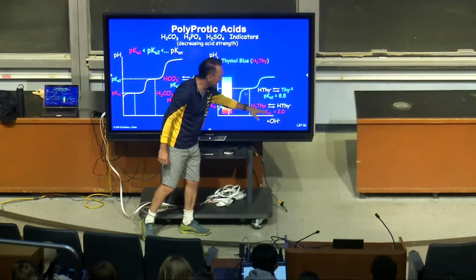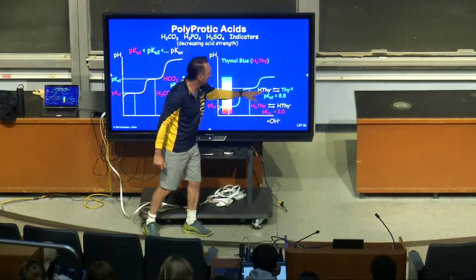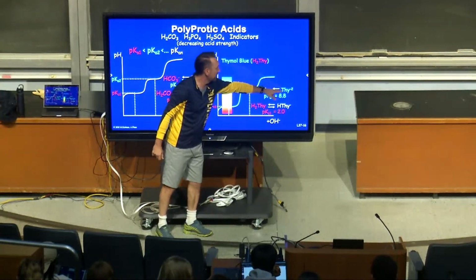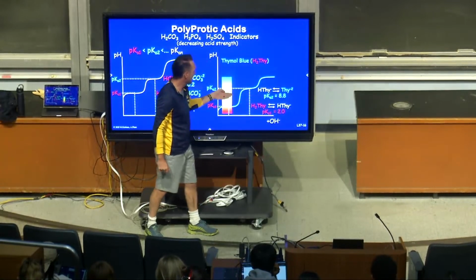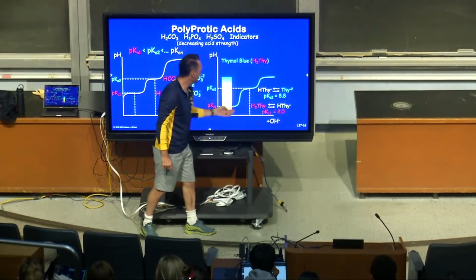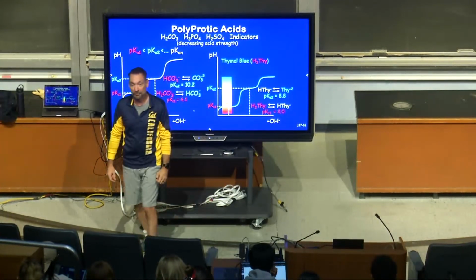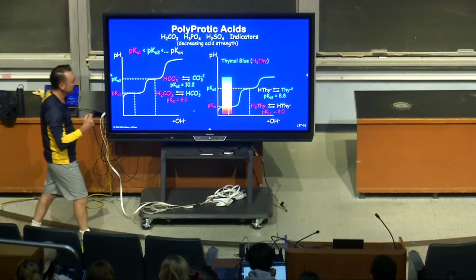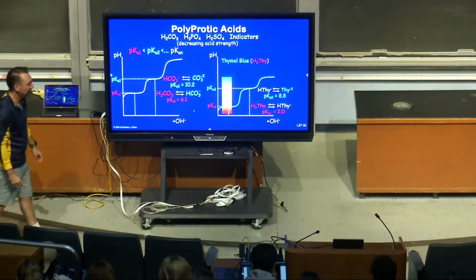This equilibrium will hold around pH 2. This equilibrium will hold around pH 8. So when the pH gets bigger than 8, you should expect blue. The pH between 2 and 8, you should expect yellow. And the pHs 2 and below, you should expect it to be red. So pretty easy to understand now that you understand the pKa and how that defines the titration curve.